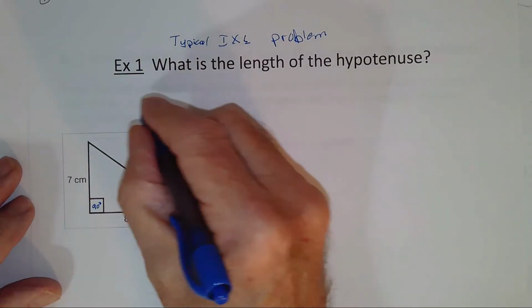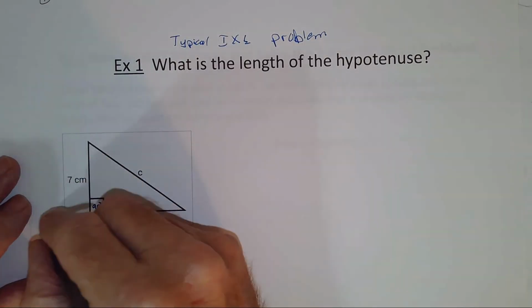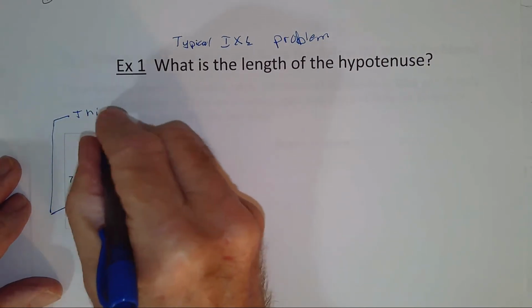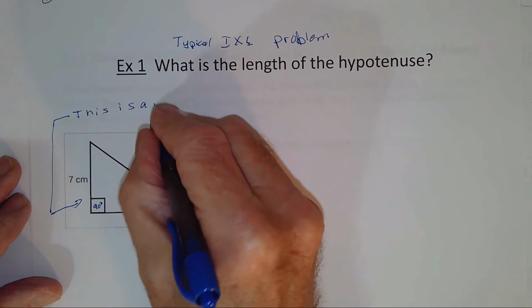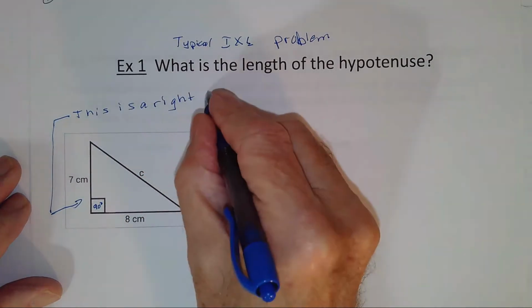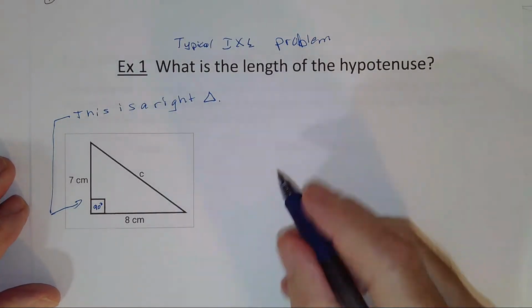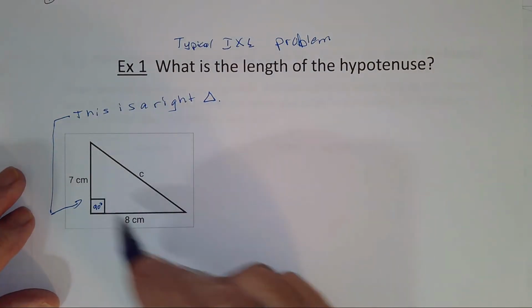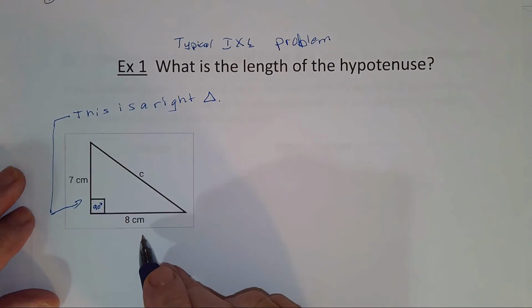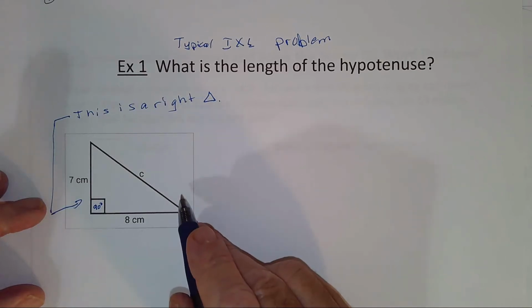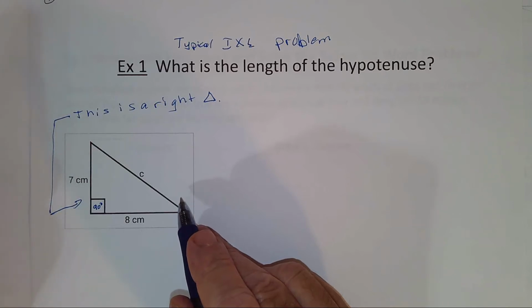So we know this is a right triangle, and I'm just going to use the shape for triangle. We know that we have two sides here for which we have the actual measurements. It's the c side we don't know. Now, what is the c side always going to be?